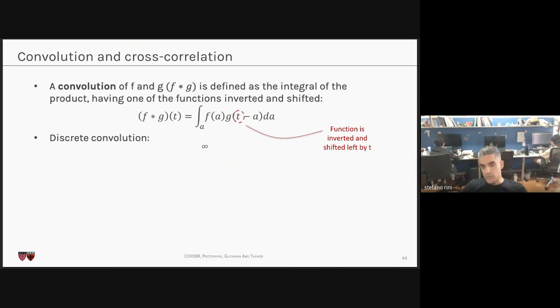It also has a lot of relation to the correlation operation. And if you're studying statistics and you see the moment generating function, this operation also occurs there. The sum of two random variables has a distribution which is the convolution of the PDFs, which corresponds to the product of the moment generating functions.